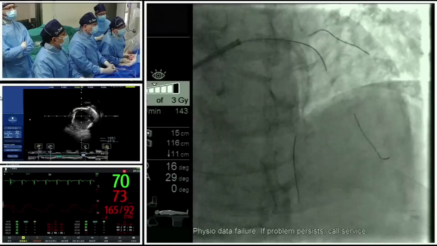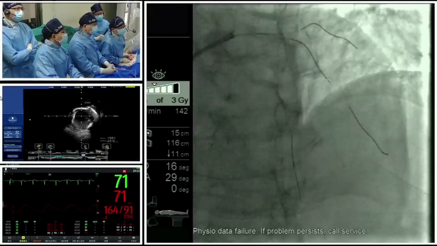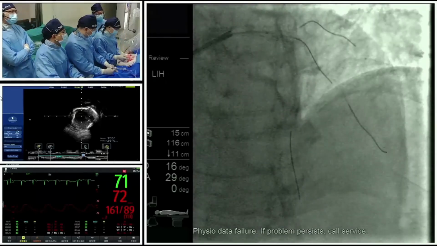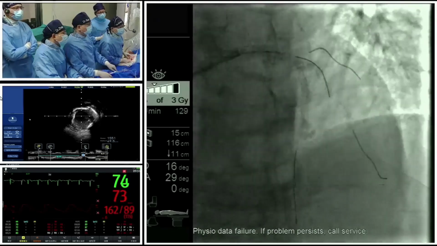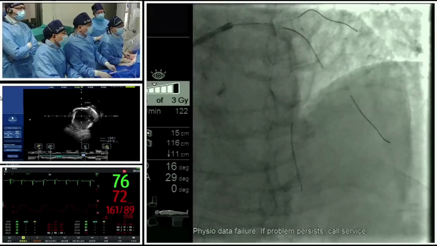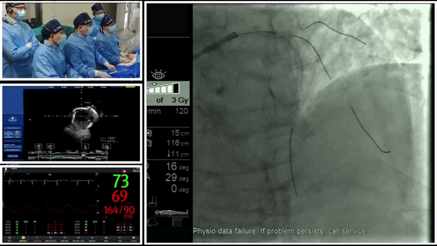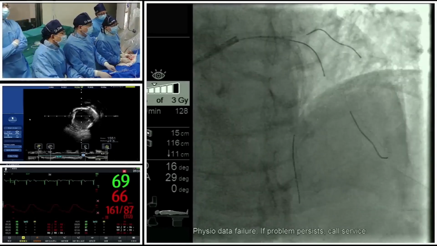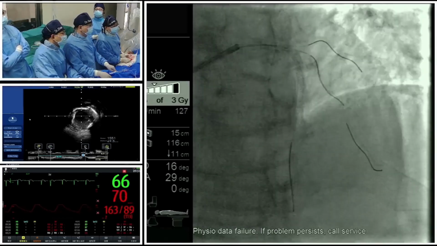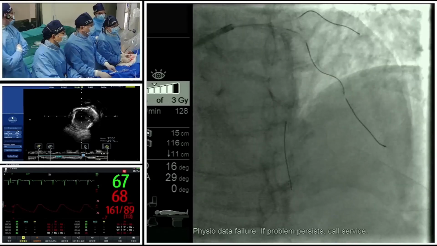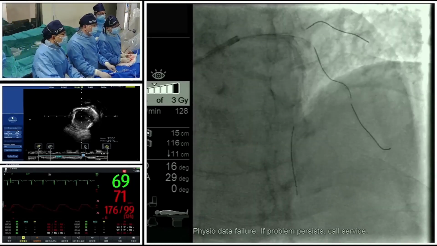We encountered a troublesome occlusion of the diagonal, because although we have performed the jailed balloon protection, unfortunately, the deflection from proximal LAD extended to the first diagonal, and we will try to rewire the first diagonal and then perform PTCA to rescue the TIMI flow to get a better outcome.